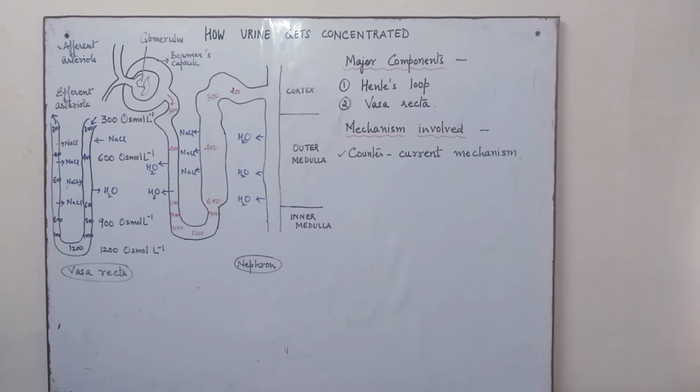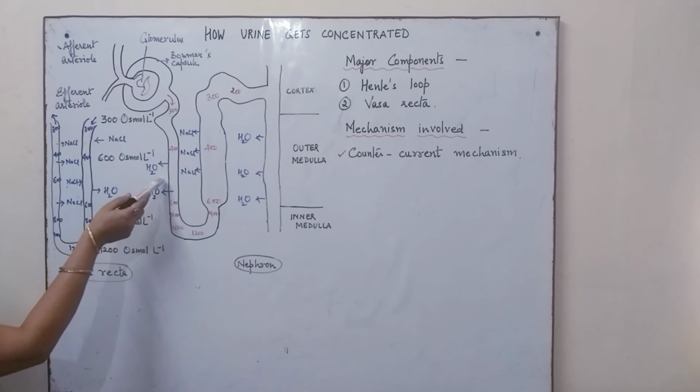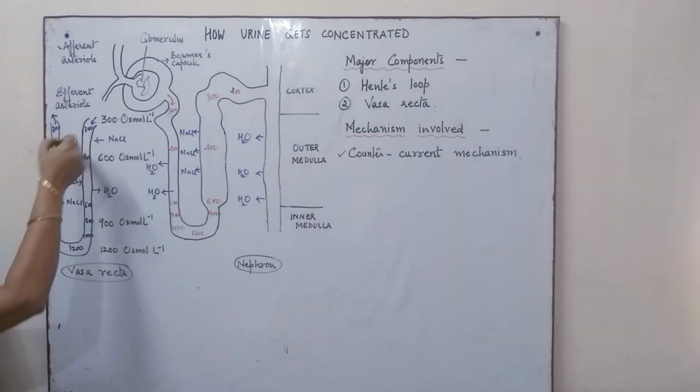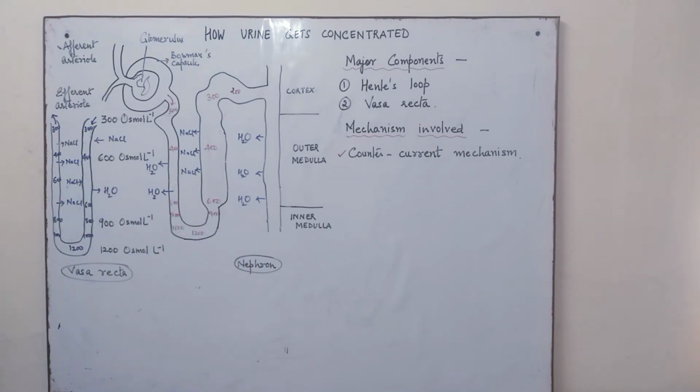The main advantage of this mechanism is that this loop releases water and this area releases solutes. So this maintains the medullary interstitial pressure, and this gradient allows easy passage of water from the collecting tubules, thereby concentrating the filtrate.